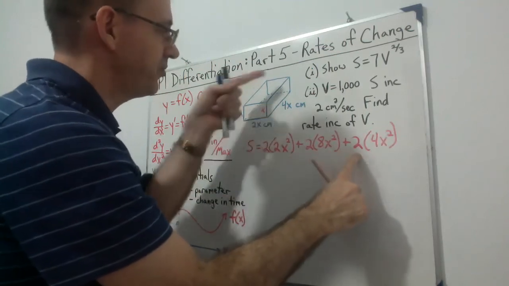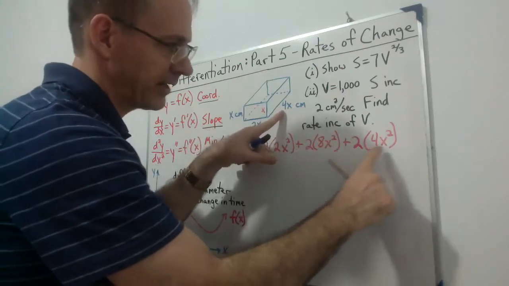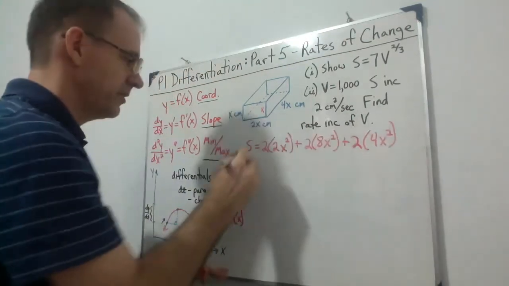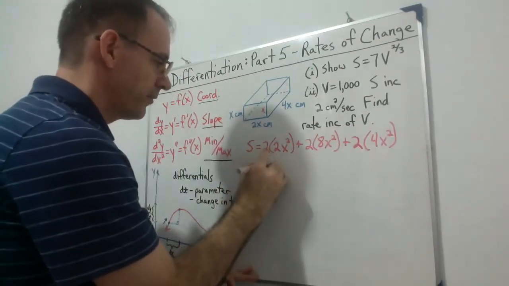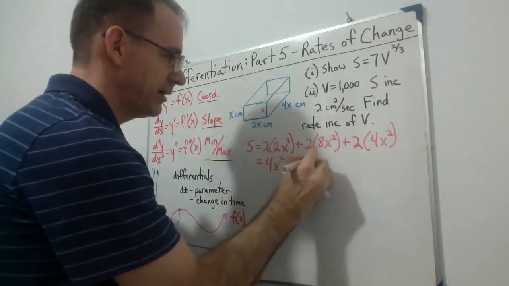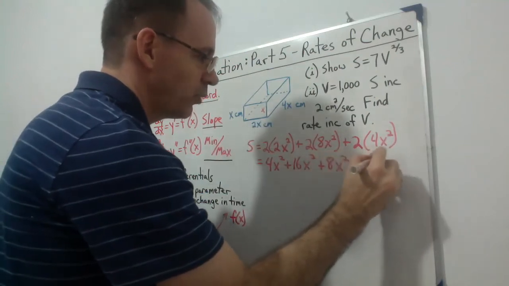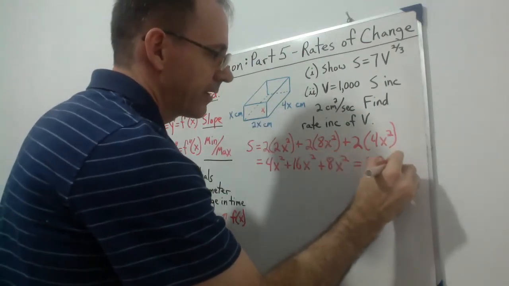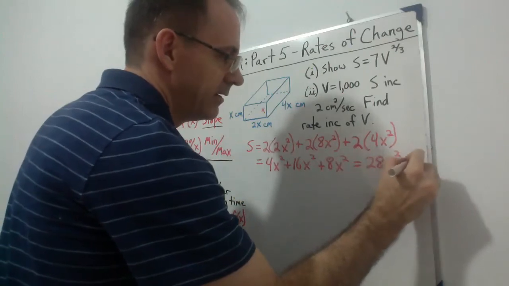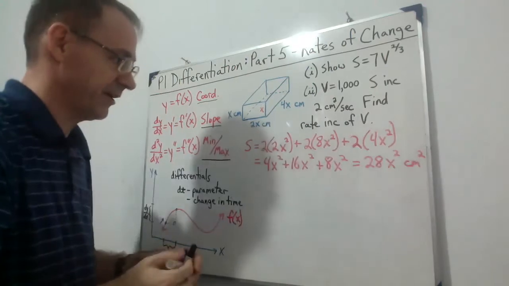And then another 2, that's the left and right sides, that are x times 4x, which is 4x squared. So this gives us a total of 4x squared plus 16x squared plus 8x squared. So we get a total of 28x squared centimeters squared is our surface area.